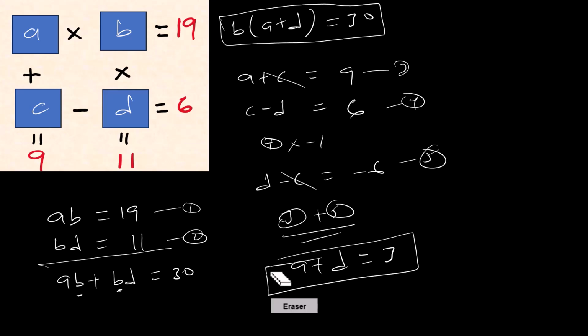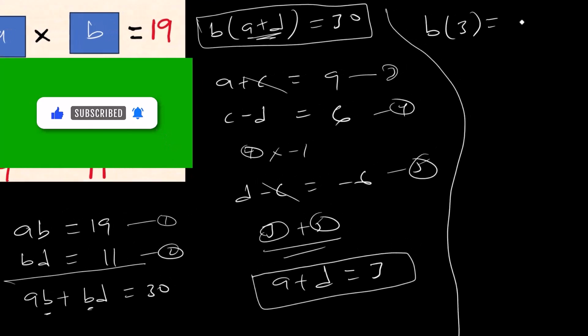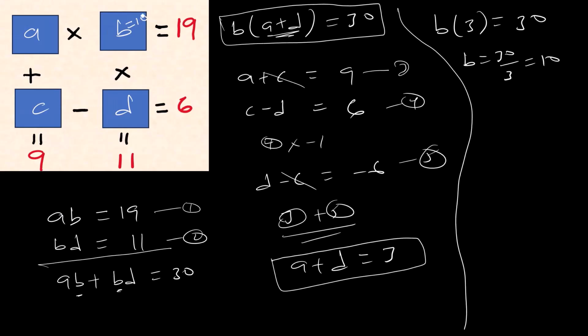Okay, so we know A plus D, and A plus D is here, so A plus D is 3, so we can substitute. So from here, B times A plus D, which is 3, equals 30. Therefore, B is 30 over 3, which is 10. Okay, so B here is 10.